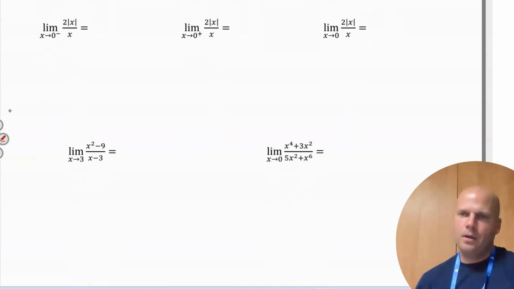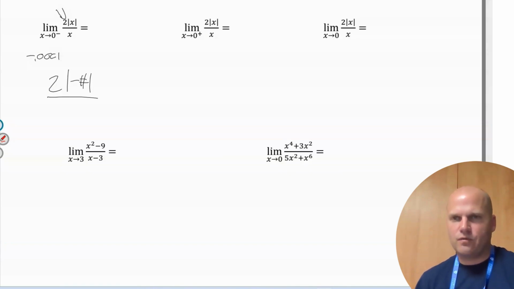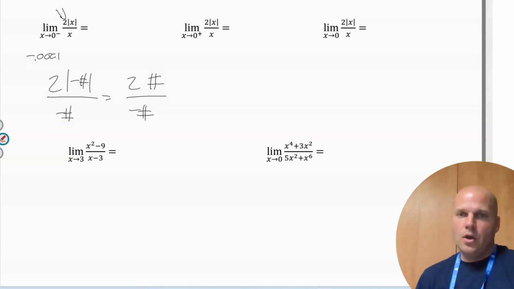Let's look at this guy. Same deal, only there's one more thing going on, and this is going to help us when we get down here. If I plug in -0.001, I'm going to get 2 times the absolute value of a negative number very close to 0, over a negative number close to 0. This turns into 2 times that number that's now positive close to 0, over this number that's negative close to 0.